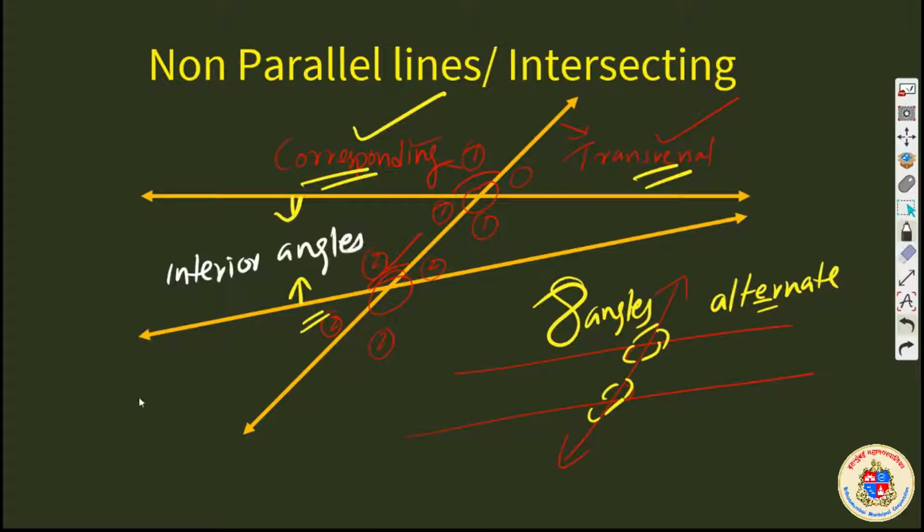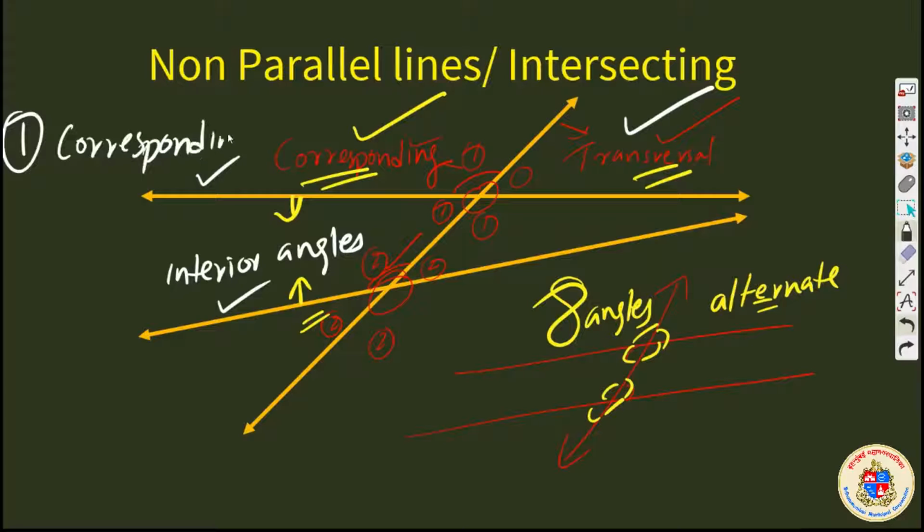So my dear students, we classified the angles formed by a transversal when a pair of lines are intersected by it into 3 categories. One category called corresponding angles. The second category named as alternate angles.